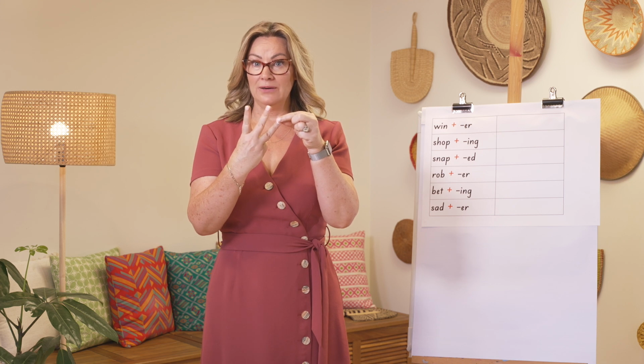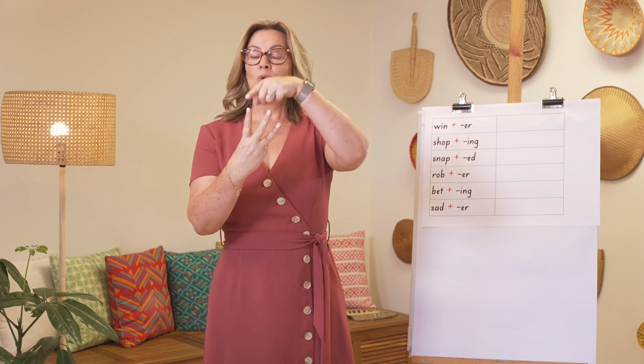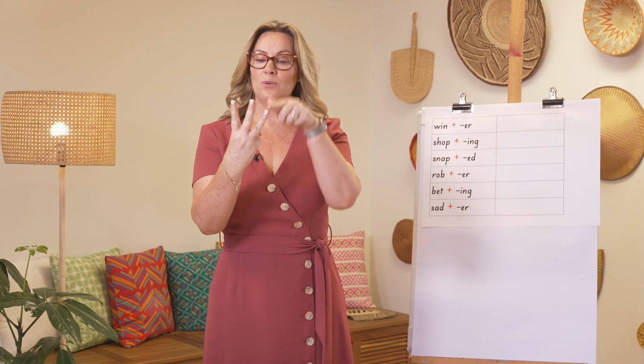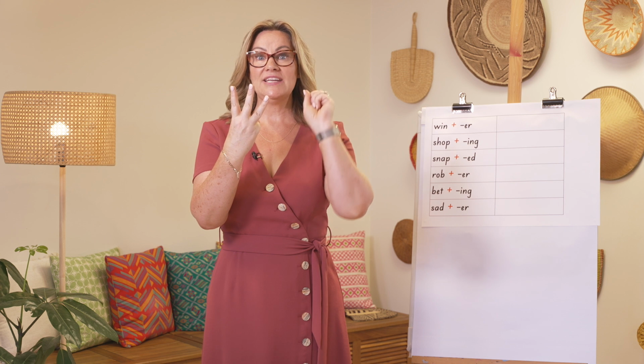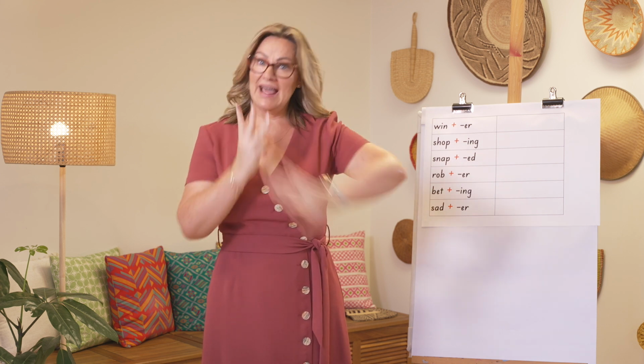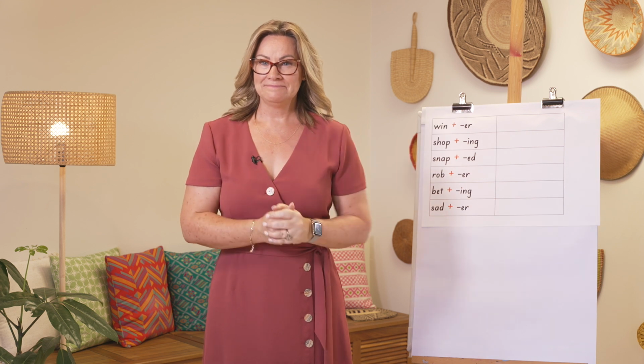And does this word end in one consonant? 1, 1, 1. Do you remember? One syllable word, one single short vowel, one consonant at the end. When we see this 1, 1, 1 pattern, we need to double this end consonant and add our suffix.